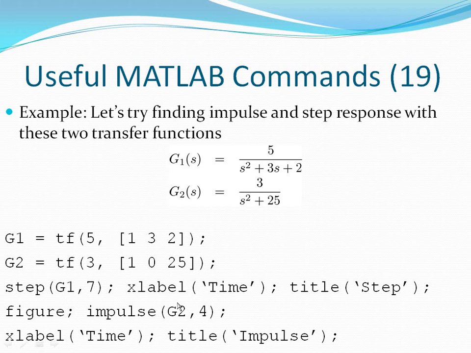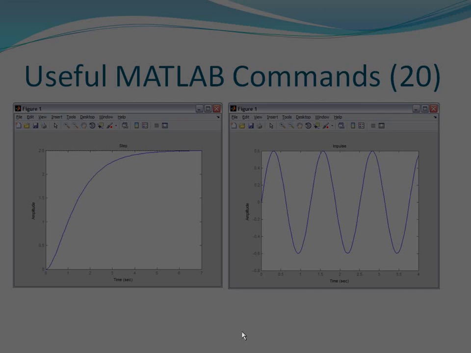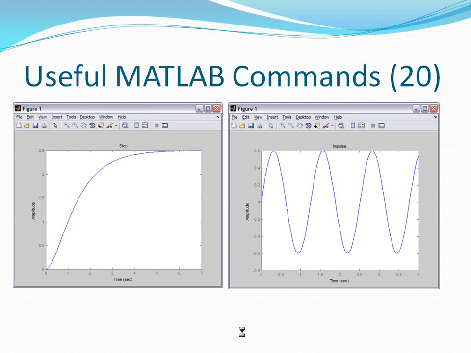So this is the step response for the first transfer function, and this is the impulse response for the second transfer function. Once the window is created, I'm going to label the x-axis as time, and then give it a title, which is called impulse. And it looks like that. Notice that the end time is 7 seconds, the end time here is 4 seconds, and this is what the impulse and step response would look like.